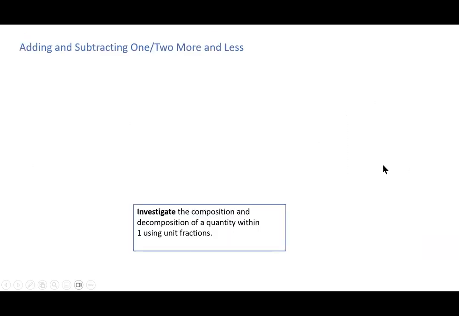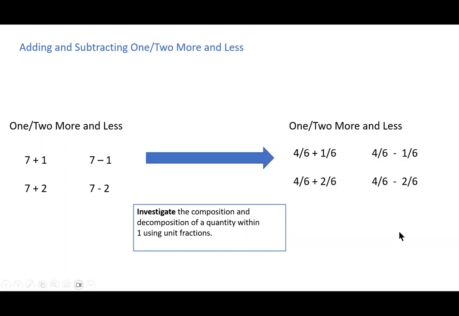So this is adding and subtracting again. And now I'm going to go into addition and subtraction, where I'm going to relate that to whole numbers. That's a good example to use. This is what we do with whole numbers, and this is what we can do with fractions. This is just adding one or two more or less.